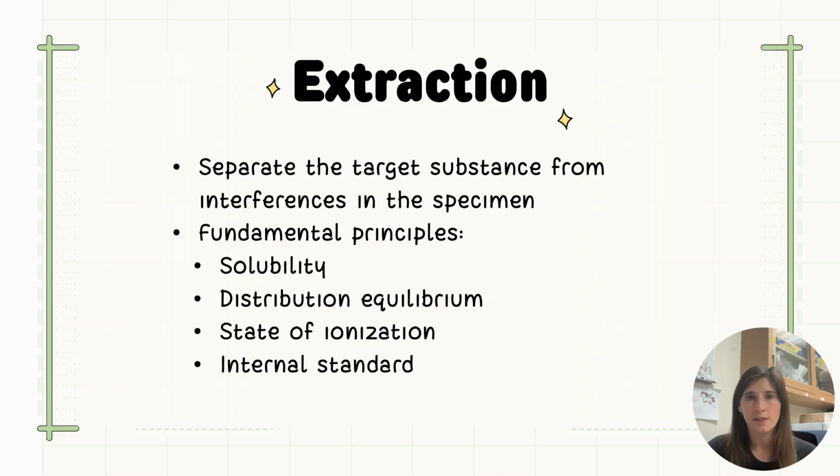The internal standard is going to be a deuterated analyte. So it's going to have some sort of molecule that is adding weight to the drug. So it's going to essentially be a drug molecule with an added hydrogen or something like that on it that's going to change the weight.